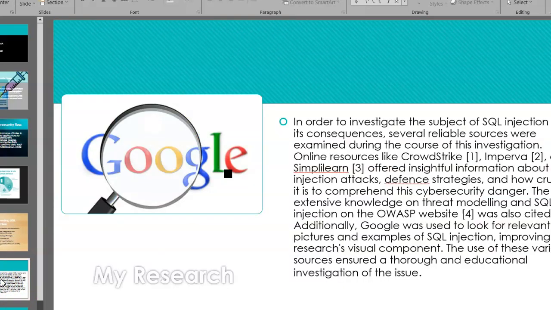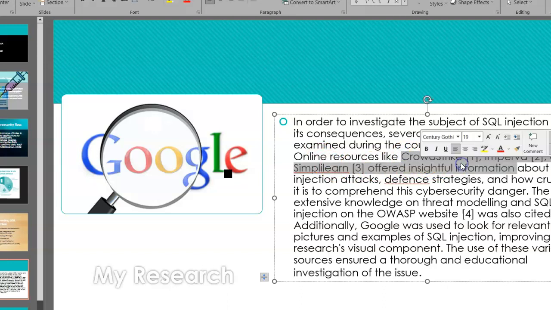Now I would proceed to my research work, how I found information and made my report and this presentation. To investigate the subject of SQL injection thoroughly, I consulted several reliable resources, ensuring a comprehensive exploration of this cybersecurity threat. Online resources like CrowdStrike, Imperva, and Simplilearn were used by me.